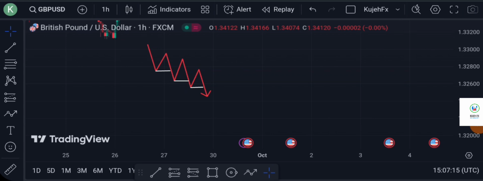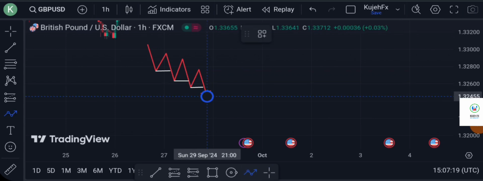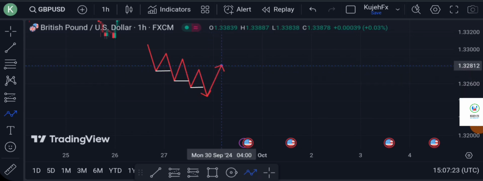What do I mean? Here, instead of the price going downwards, it goes up and breaks structure to the upside, not in the same direction. When the market breaks structure in the opposite direction, we call it change of character. When this happens, most of the time the market wants to change direction. So what happens then?